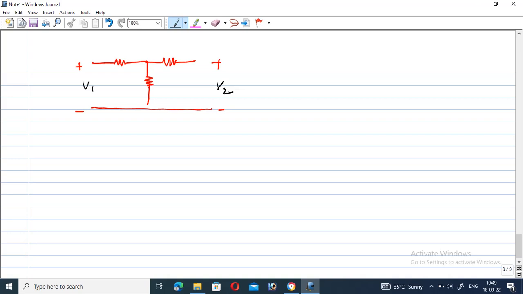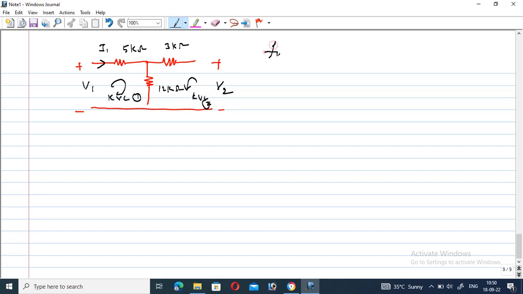As well as we can write some current directions also. It is the I1 current, the resistance of this one is 5k, this is a 12k ohm resistance, and this is a 3 kilo ohm resistance. These are all kilo ohm resistances, right? So if you are applying KVL in this direction, KVL in loop 1, KVL in loop 2.